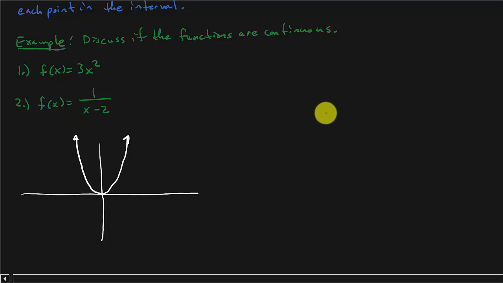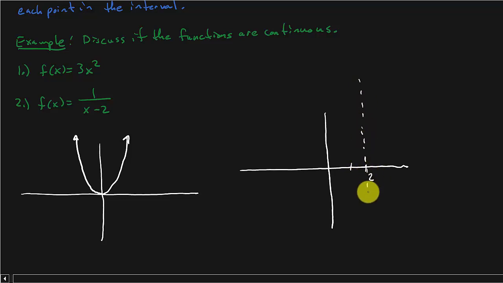I understand you may not know what the graph looks like. So there's x equals 2, and we have a vertical asymptote here. The graph looks something like this. I'm just sketching it in. And you can see it's not continuous at 2.